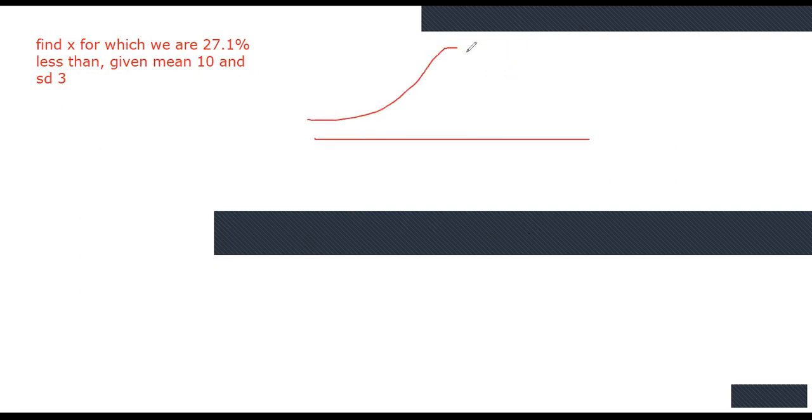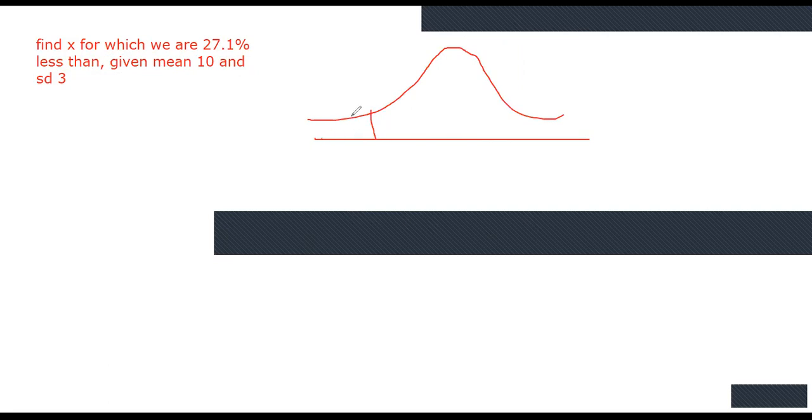Given mean is what? The same 10. And standard deviation is what? 3. So being asked, find the value of X for which we are 7.1% less. The same principle, less meaning they're just tempting us to cut from the left side here.